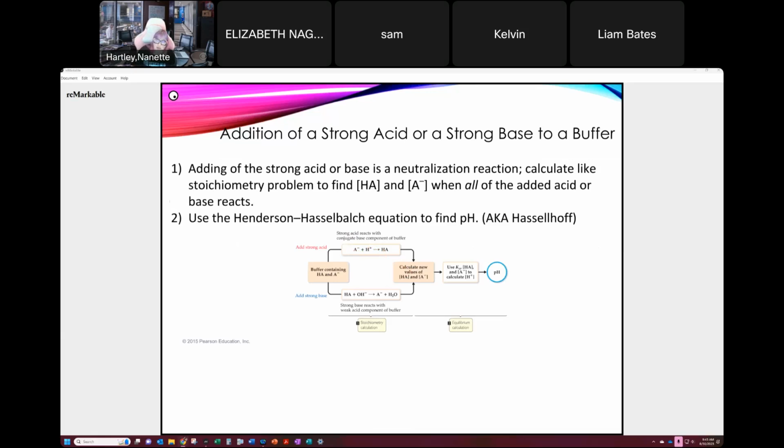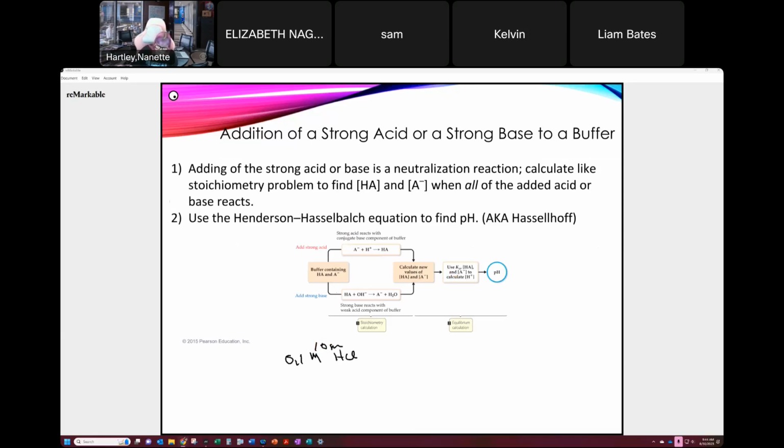Okay. We can go through the exact same process if we are adding strong base, okay, to see what the new concentrations of the HA and A minus are, and then using Ka, we can find pH. Okay, so that's how we can deal with that. So you may see that you have a buffer solution and you add some amount of like a 0.1 molar HCl to that.